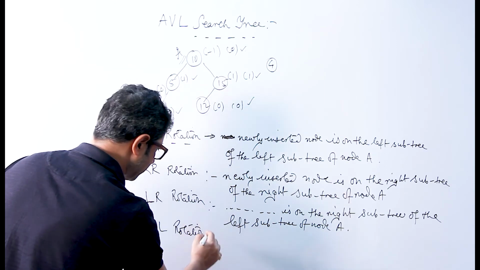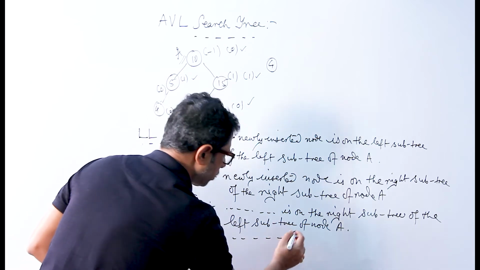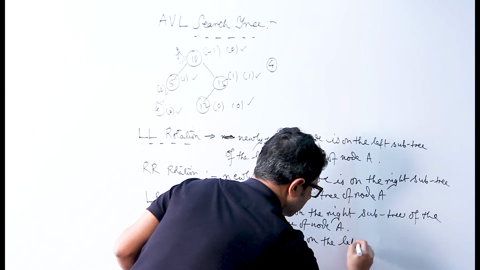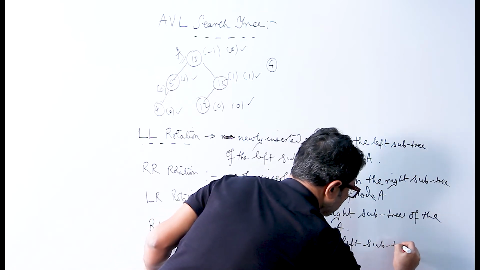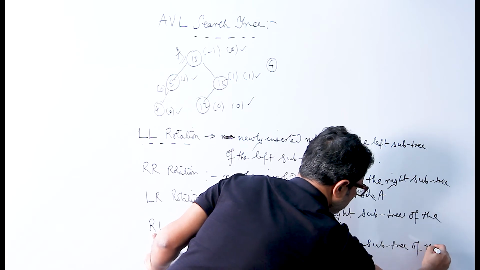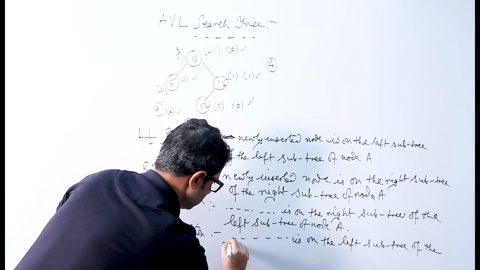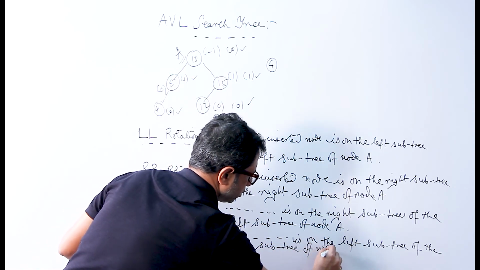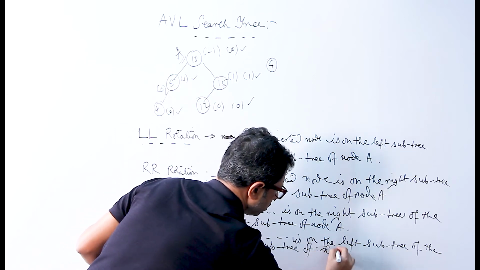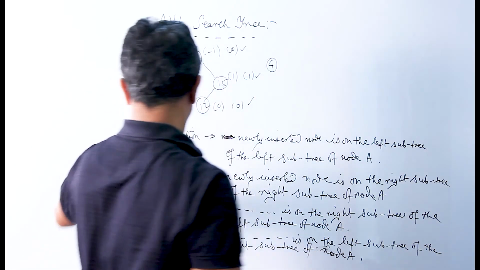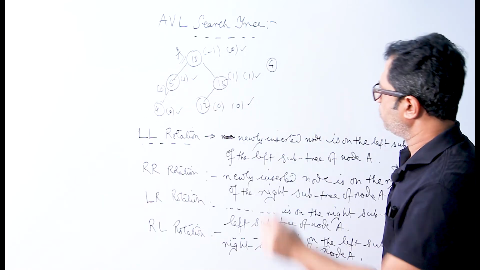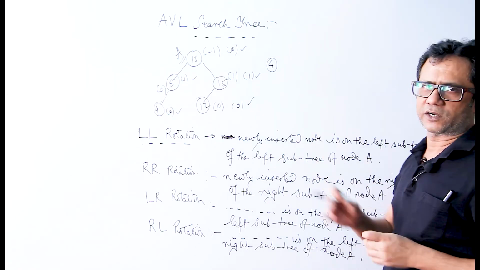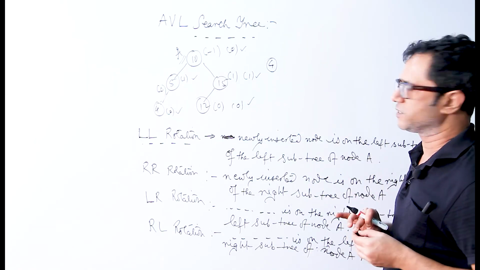And there is yet another rotation which needs to be performed in the reverse case, that is, the newly inserted node is on the left subtree of the right subtree of node A. So these are the four necessary operations which are to be performed in case of insertion where the AVL tree is affected, that is, the balance factor of at least one node is affected by the insertion process.